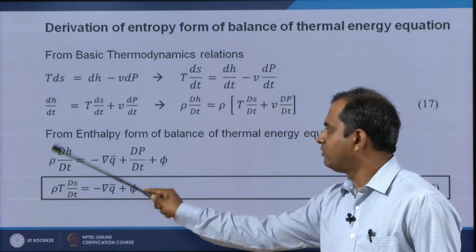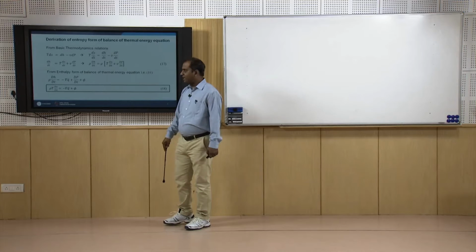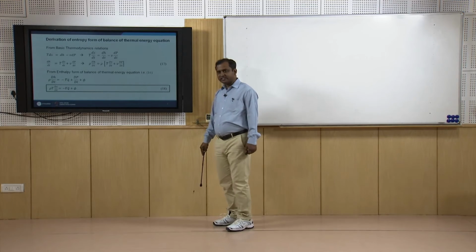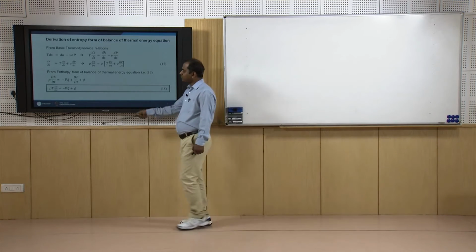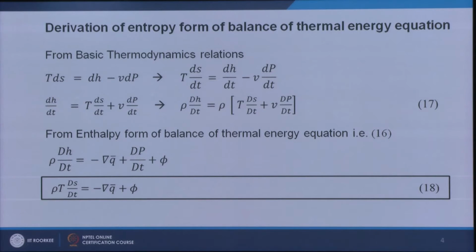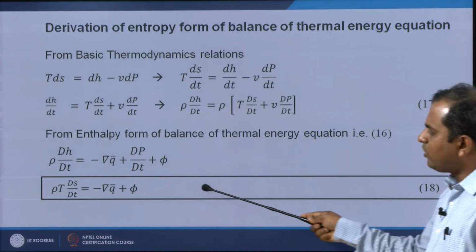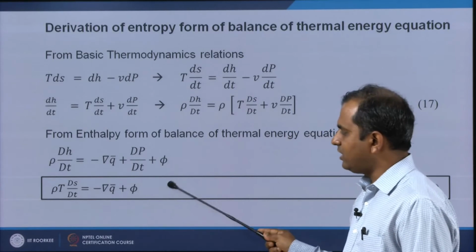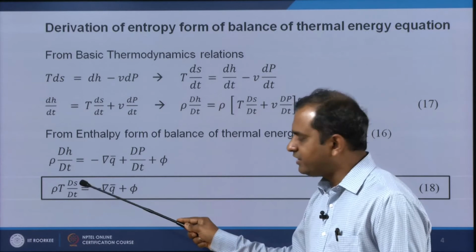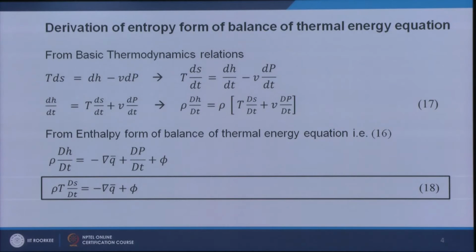So, this term from both the sides can be cancelled, and you finally obtain rho into T of D/Dt of S equals minus del dot q plus phi, phi is the viscous dissipation. So, in this equation we have once again done the balance of thermal energies, but here we have expressed it in terms of S, which is nothing but entropy.